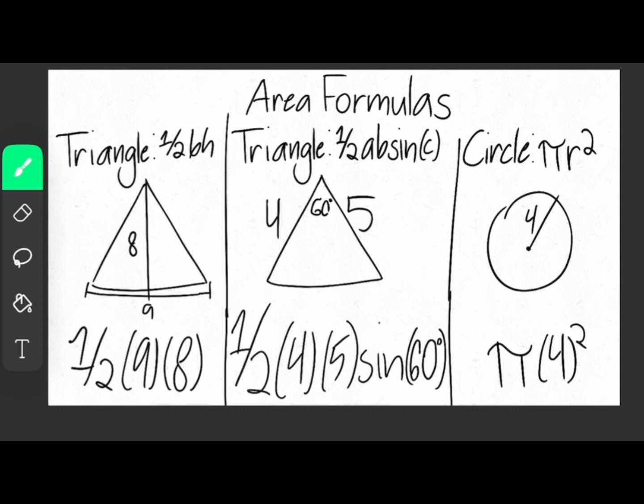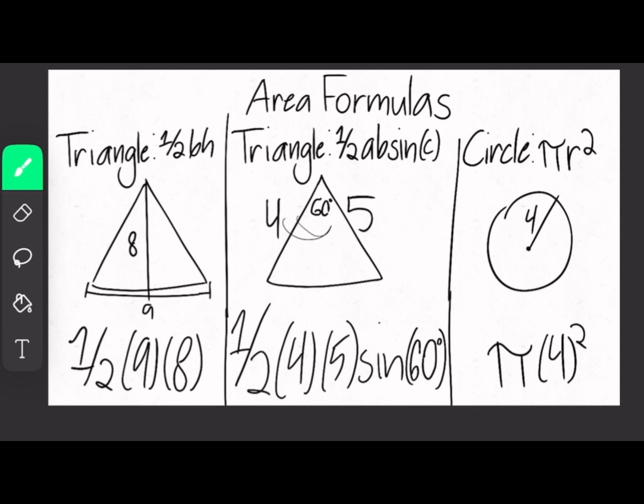So, we have the triangle area formula we originally learned: 1/2 base times height. Remember that height is this part of the triangle. It's not one of the slope sides.